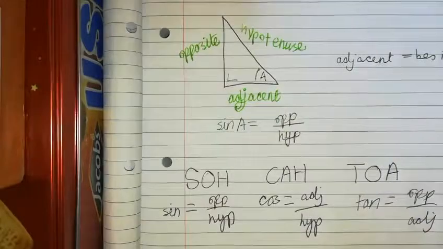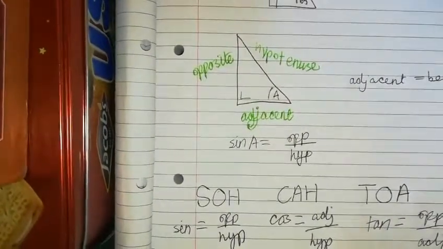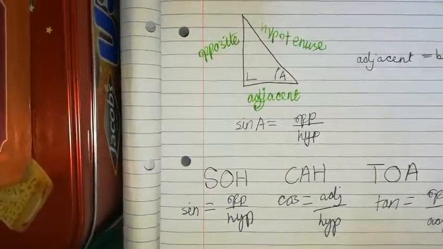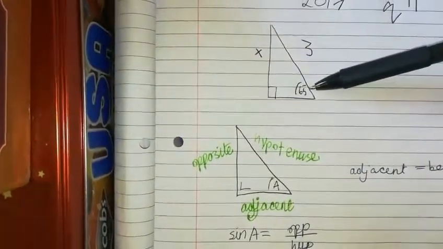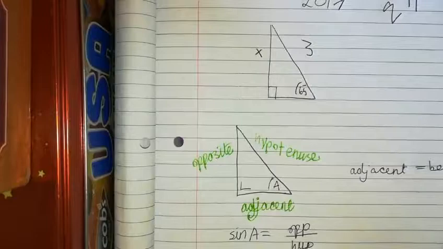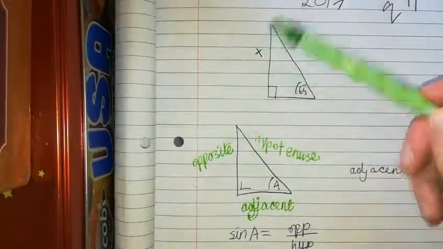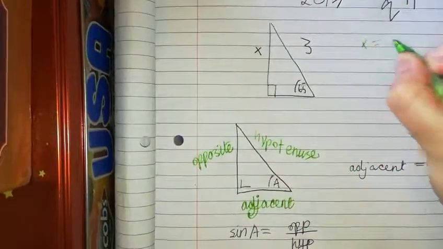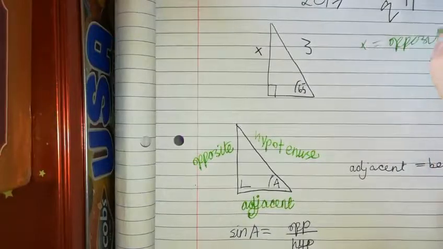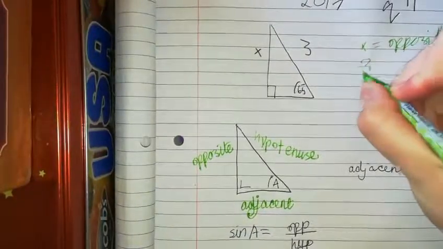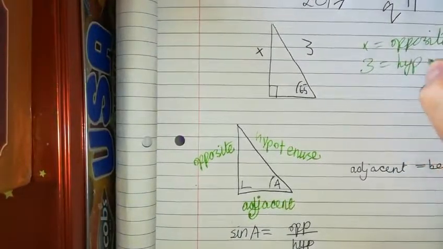So we can see from our formulas that the sin of an angle is the opposite over the hypotenuse. If we look back to this triangle, the opposite is x, so x is equal to the opposite. The hypotenuse is 3.